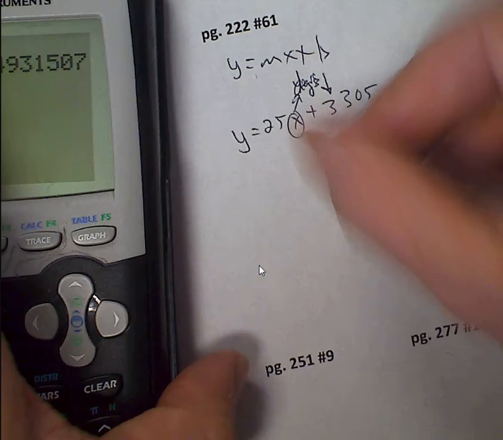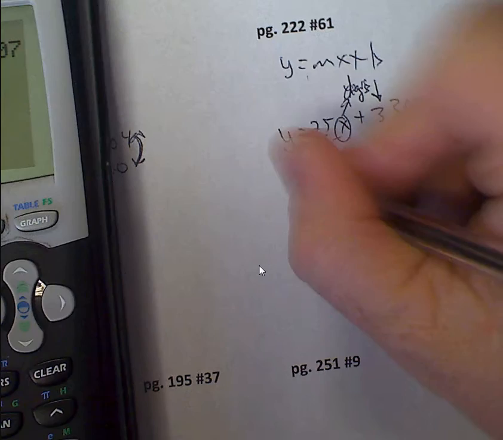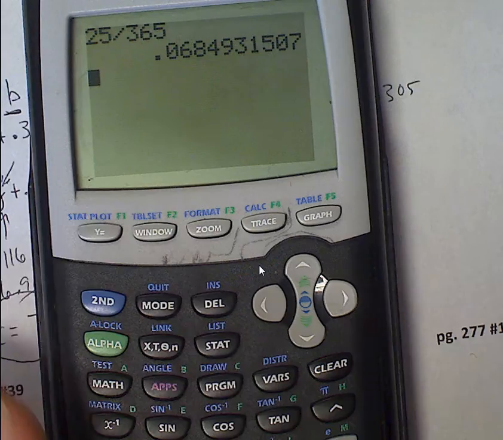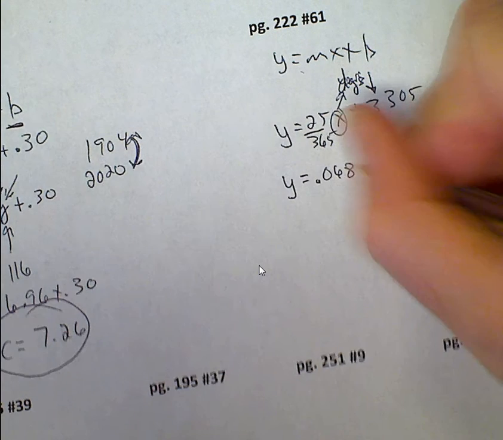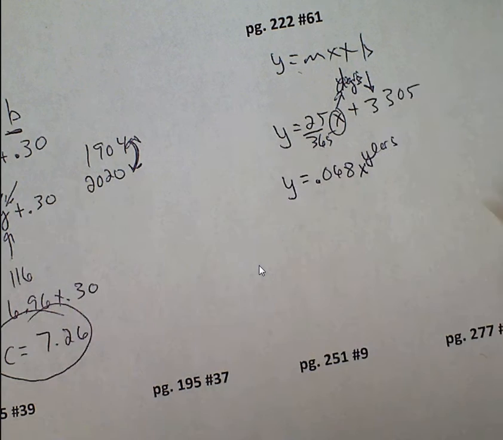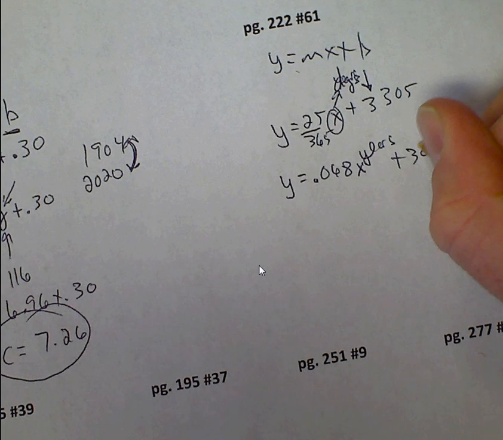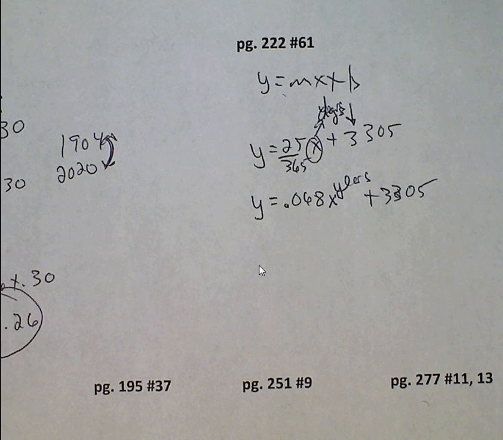So I had to divide this by 365. Man, they're trying to trick us big time. So my slope actually becomes 0.068 per year. So now this turns into years. And I started at 3,305. This is a tough question.